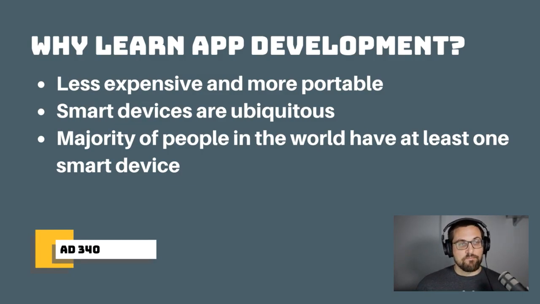Finally, also, mobile devices tend to be less expensive and more portable than, let's say, a laptop or a desktop computer. This makes them easier to carry around, easier to buy and sell. This also means that smart devices have become ubiquitous.